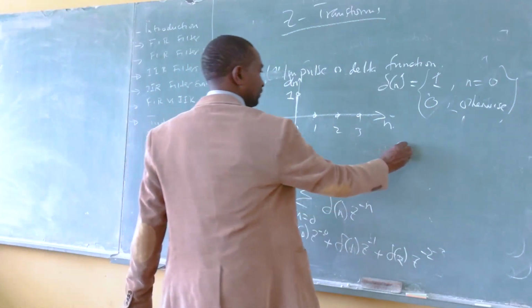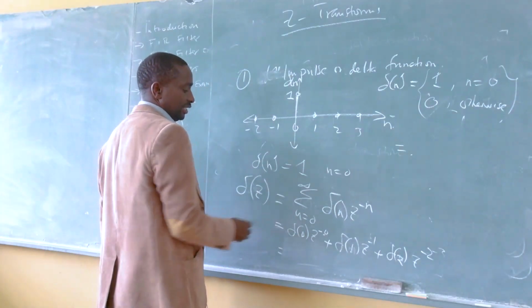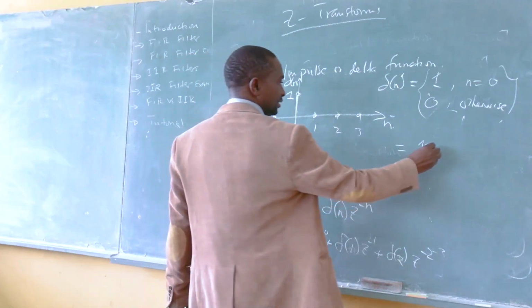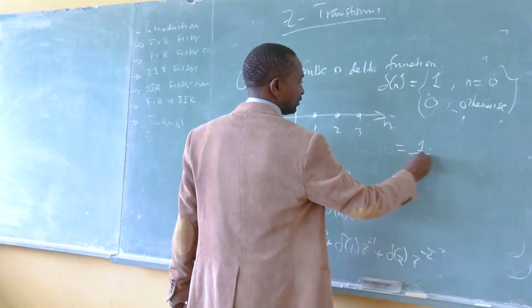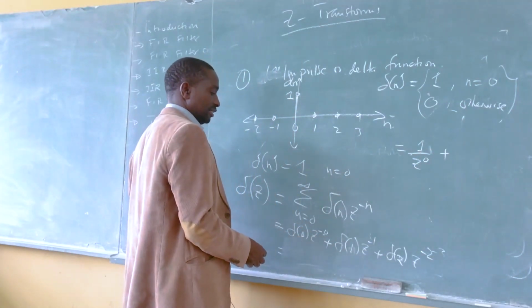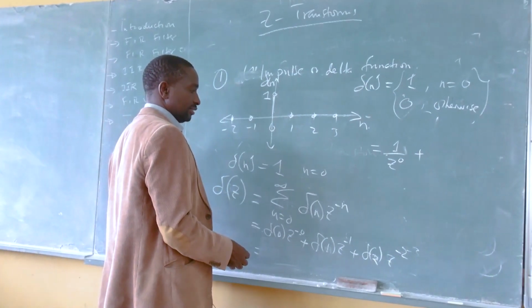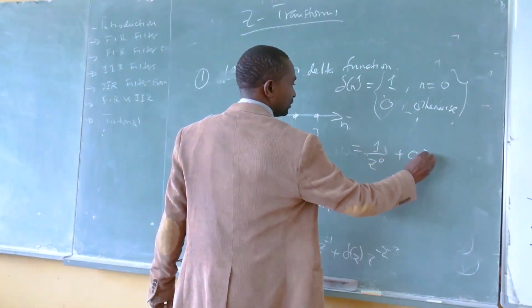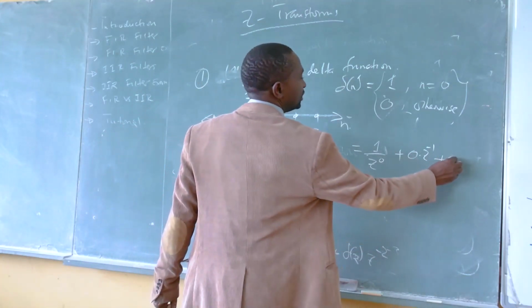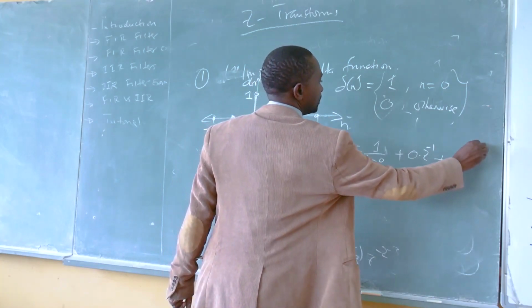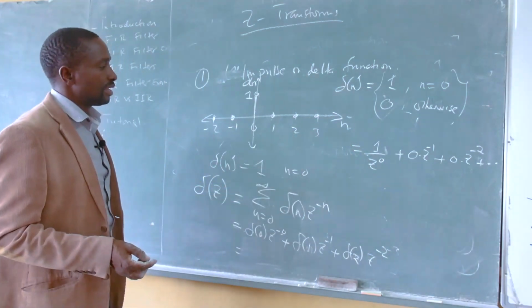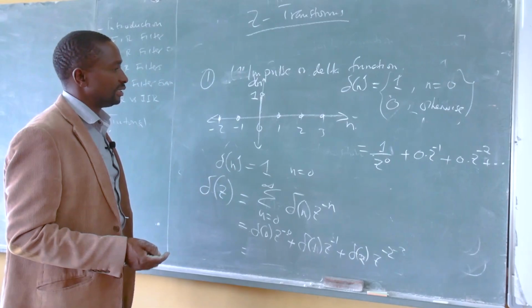This can be simplified to, at delta of 0, the value is 1, and then this is simply 1 over z to the 0, plus at delta of 1, it's 0 times z to the power minus 1, and also at delta of 2, it's also 0 with a delay of 2, and this keeps on giving you zeros at any other value beyond 1 up to infinity.